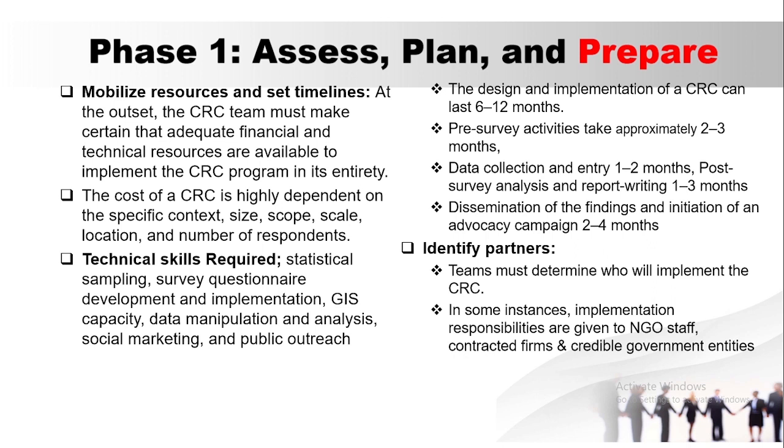You include the technical skills that are required and also identify the partners. So normally the CRE design and implementation can take 6 to 12 months when you're planning the CRE. We've seen that government takes its time to do that, because these are mostly, as I said, public service based.